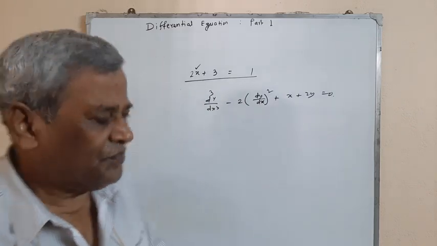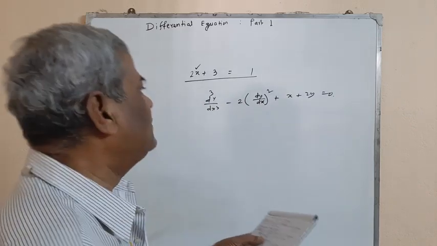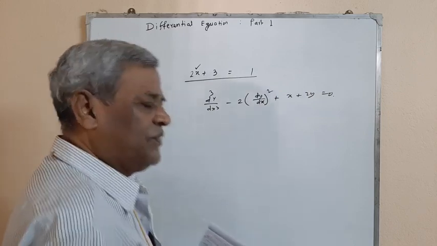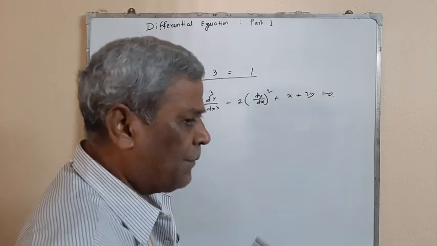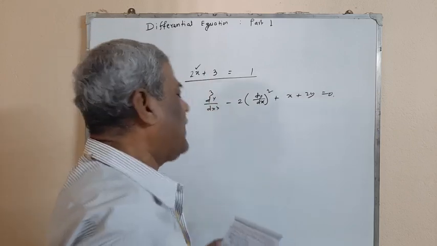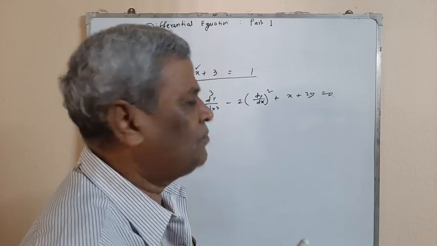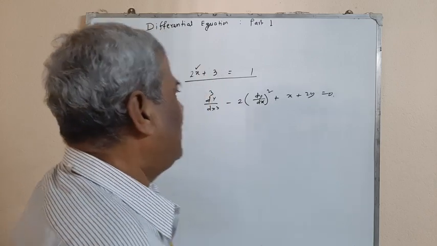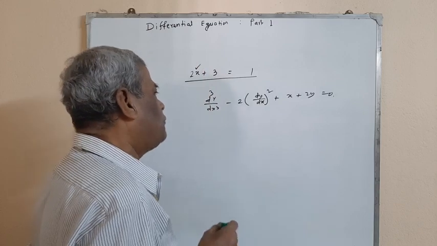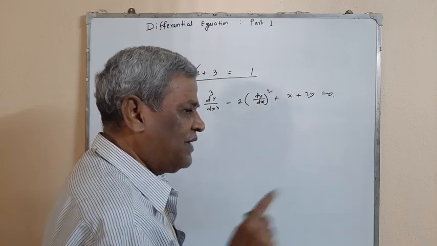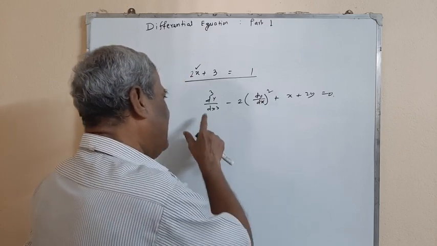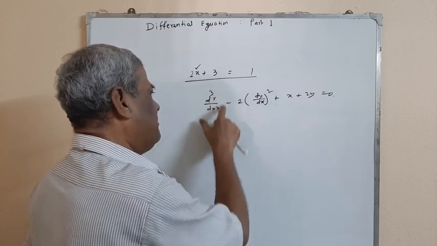So next, the degree of the differential equation. The degree of the differential equation is the power of the highest order derivative present. Once again, the degree is the power of the highest order derivative present in the equation. Here this is the highest order derivative.